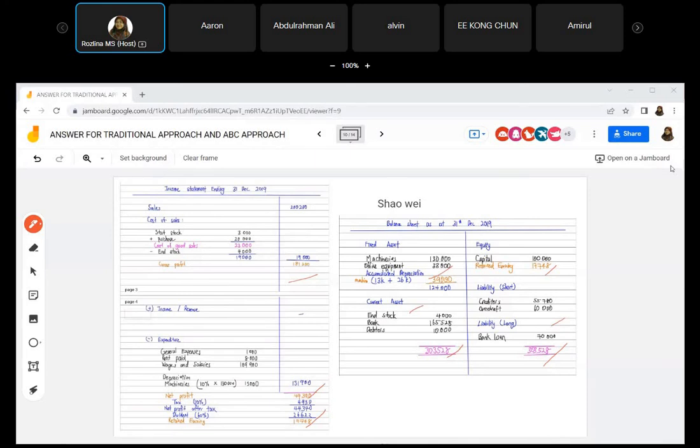Maybe you want to ask something on the income statement, or the balance sheet, or anything? We have about 52 students.